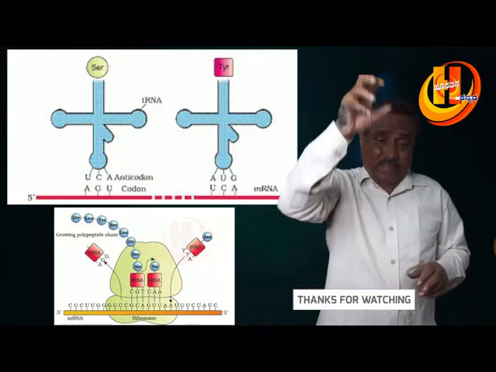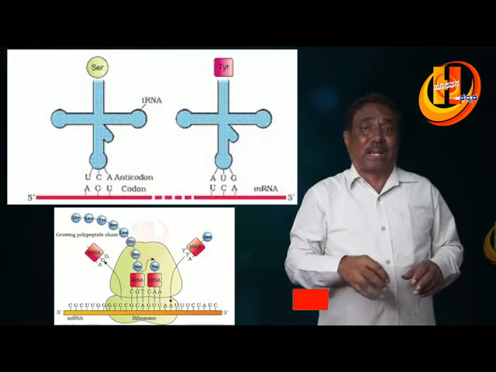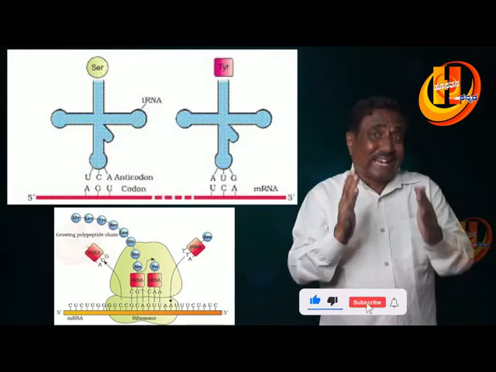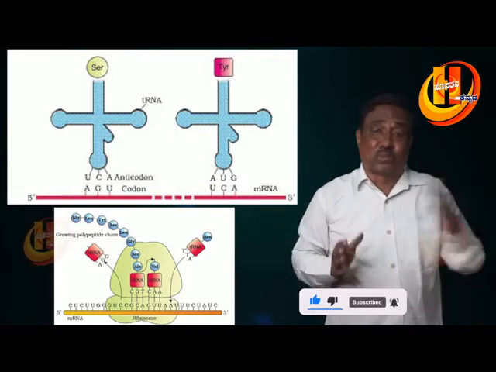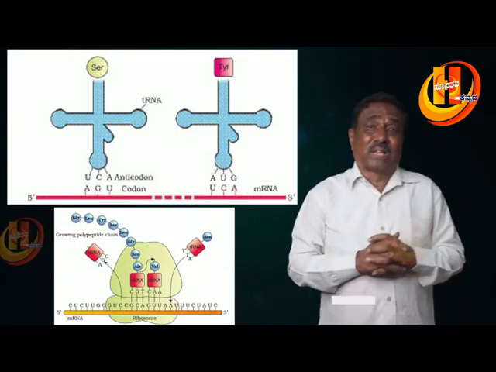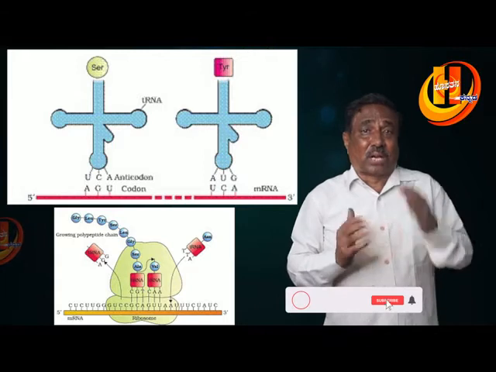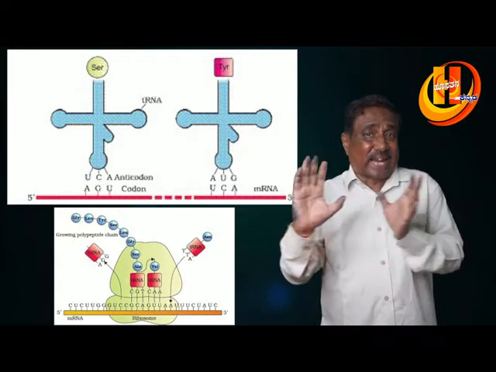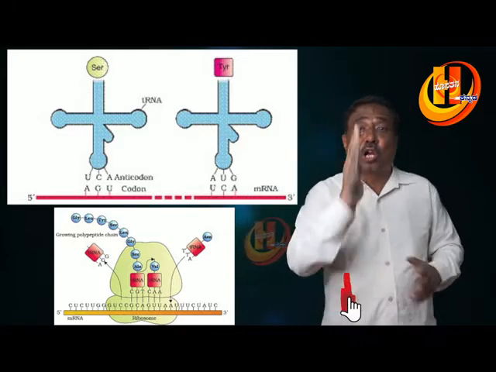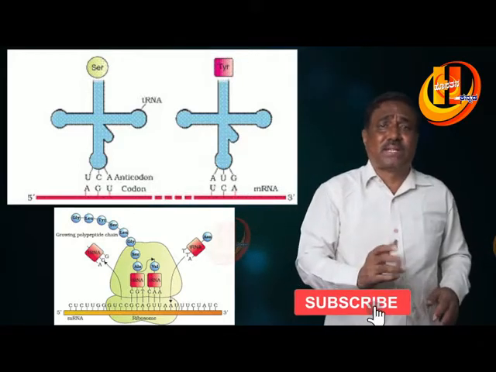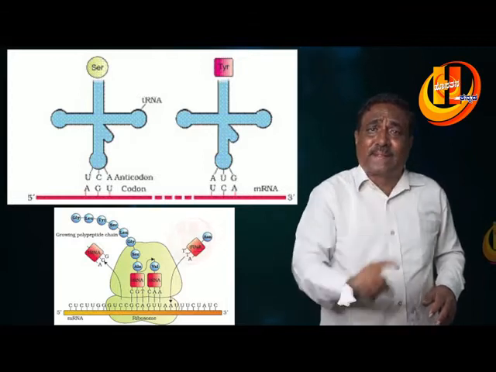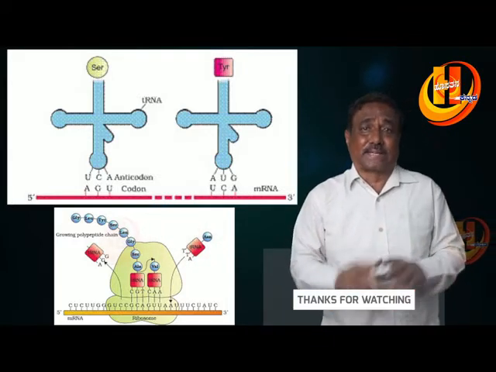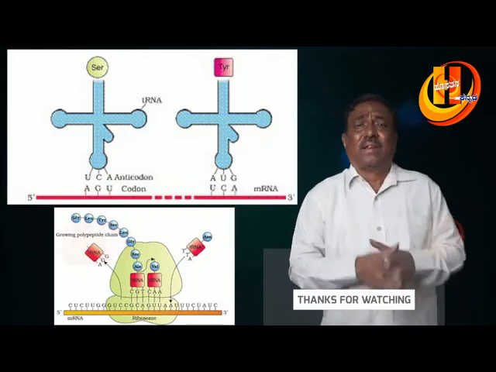Then it brings a particular amino acid. The ribosome consists of more than 80 different types of proteins which play an important role in protein synthesis, and the rRNA of 23S type, and an enzyme called ribozyme. This ribozyme, a non-proteinaceous enzyme, plays an important role in elongation or protein synthesis.